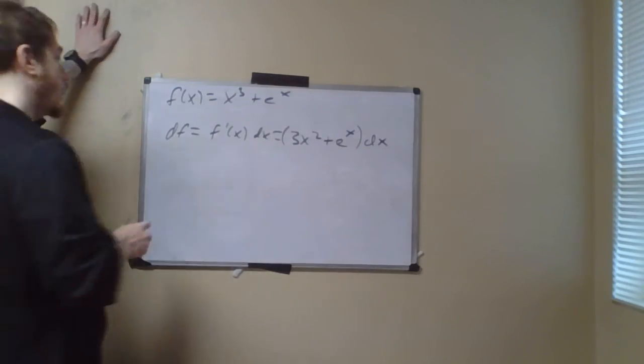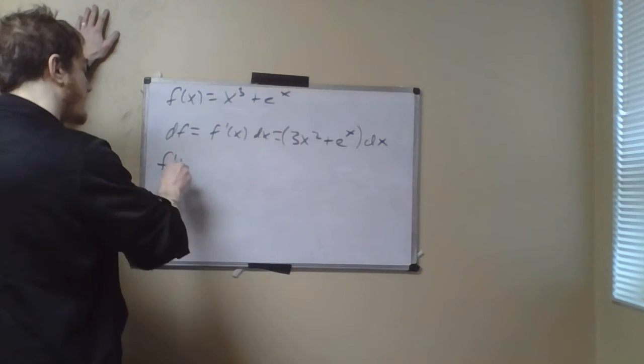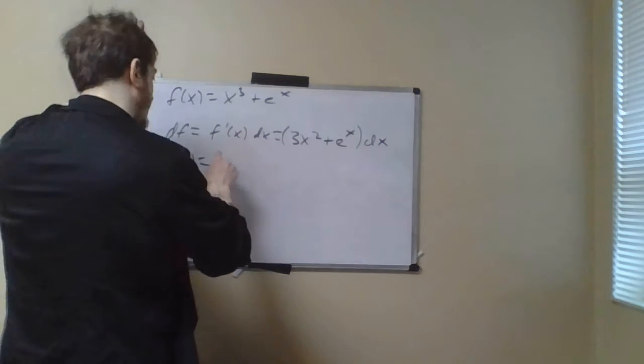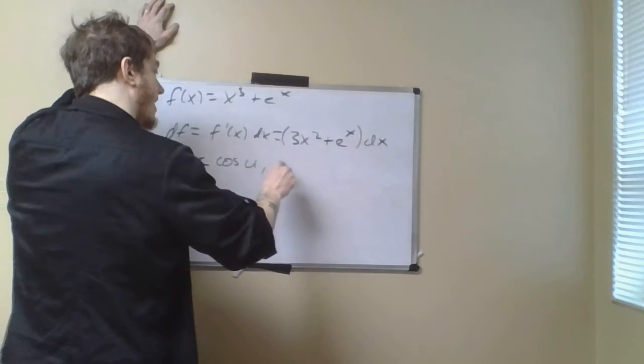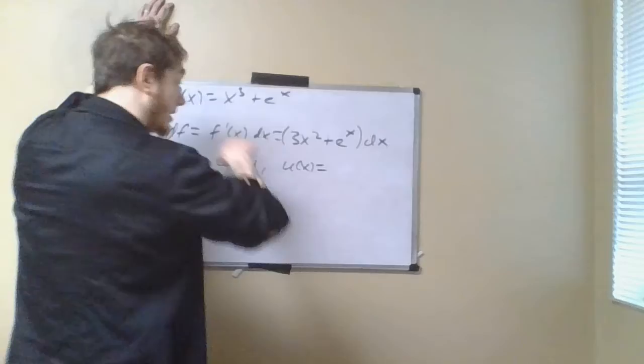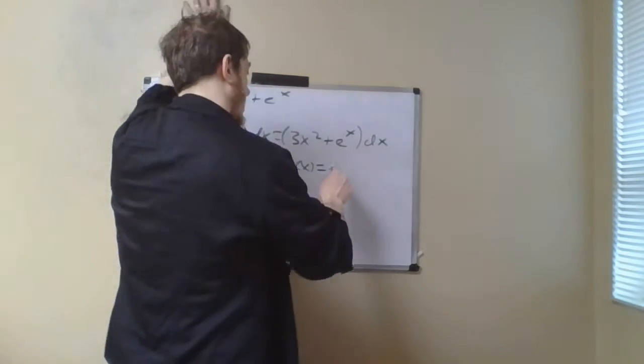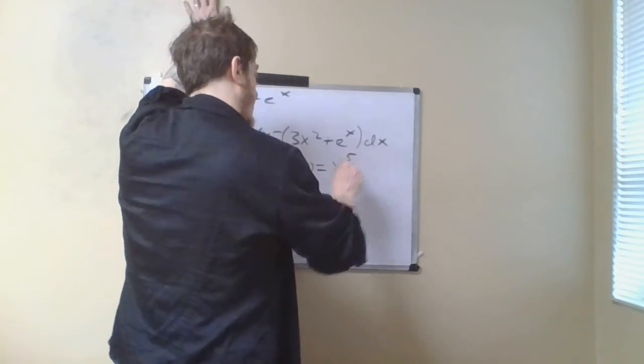Because if I have, like, let's say that f of u is equal to cosine of u, and then u of x is equal to, let's say, x to the fifth.